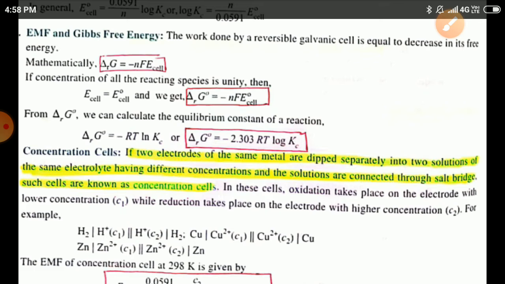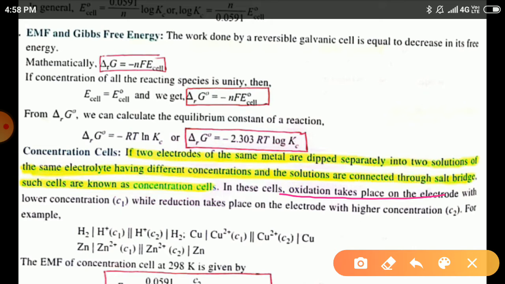In a concentration cell, oxidation takes place on the electrode with lower concentration, while reduction takes place on the electrode with higher concentration. So the electrode dipped in the higher concentrated solution undergoes reduction, whereas the electrode dipped in the low concentrated solution undergoes oxidation.